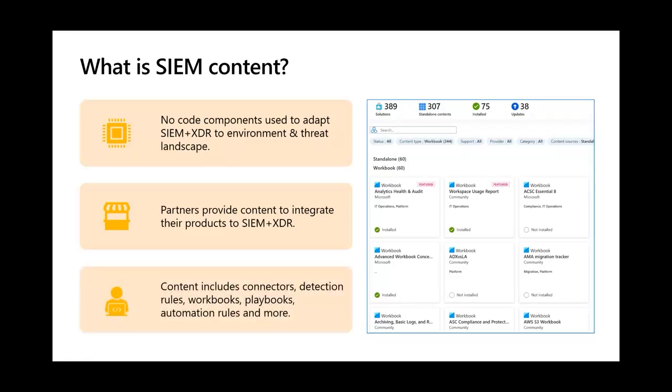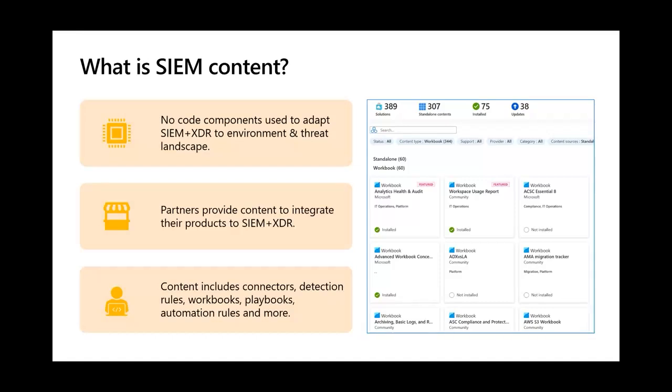What is it actually about? So content includes connectors, detection rules, workbooks, which are the dashboards or visualization elements in Sentinel, playbooks, which provide automation capabilities, and more. All those are typically packaged in the solution, and in Sentinel today are available in the Content Hub, which is what you see on the right.